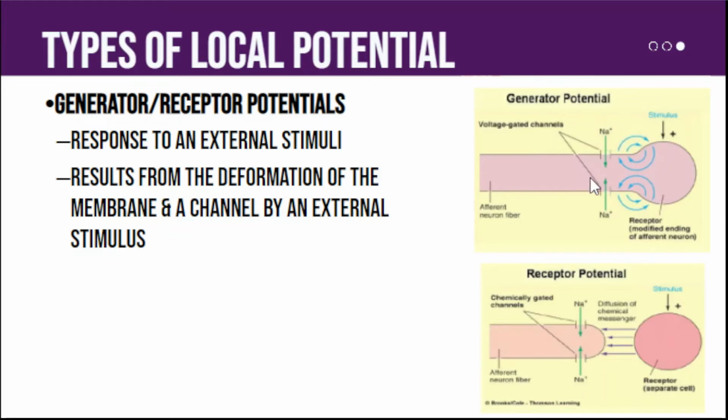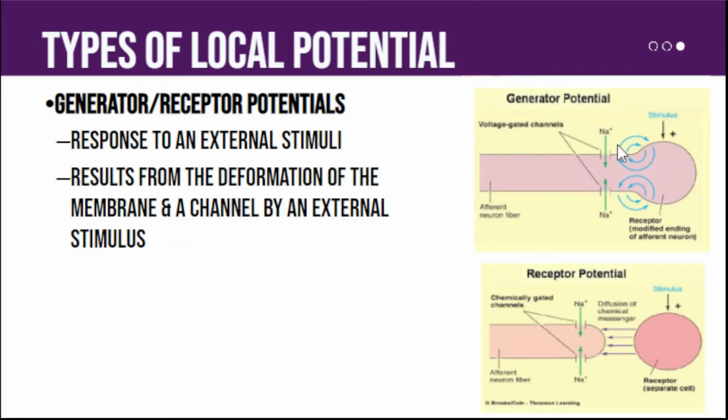So yun pala yung nangyayari pag na-excite yung nerve, no? Pumapasok ang sodium inside the cell. So from yung labas, more positive, at yung loob, more negative, nagbabaliktad. The inside of the nerve becomes more positive, and yung labas ang nagiging negative. So that's your generator potential.